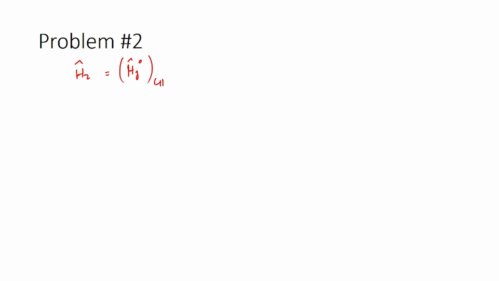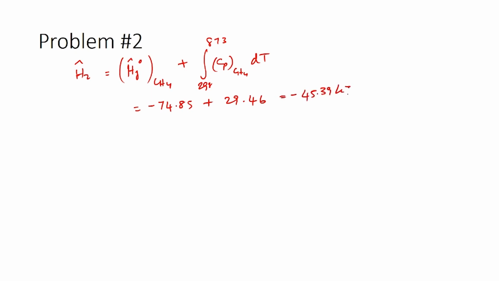So, heat of formation of methane plus integral Cp of methane dT, and the temperature again would increase from 298 Kelvin to 873 Kelvin. Using the Cp value for methane from the tables and the heat of formation for methane, we can calculate this as minus 74.85 plus 29.46, giving a value of minus 45.39 kilojoules per mole.